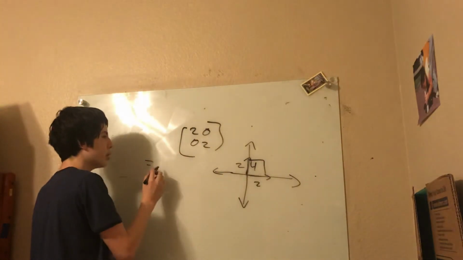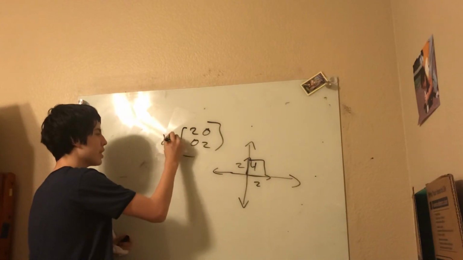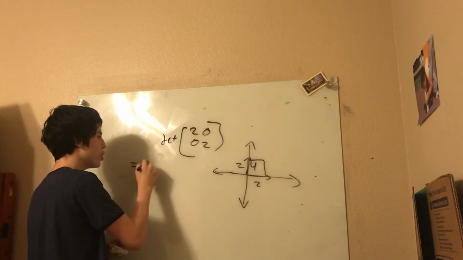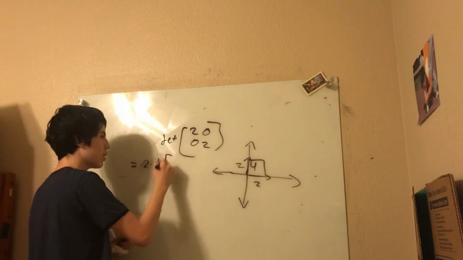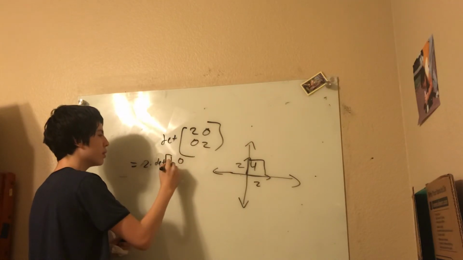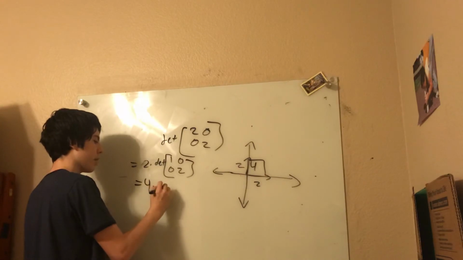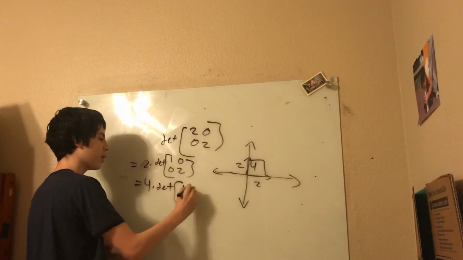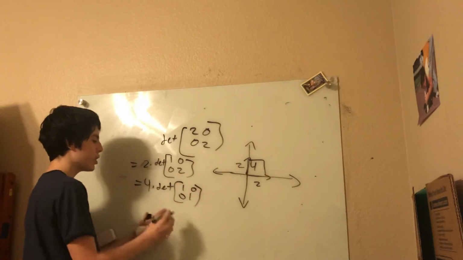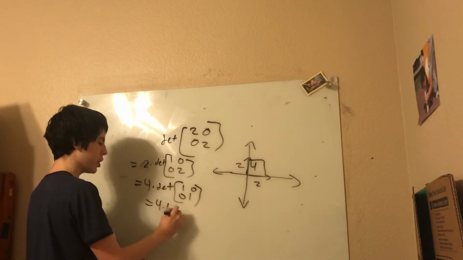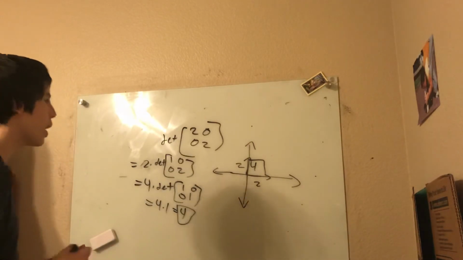So the determinant of this is equal to 2 times the determinant of 1, 0, 0, 2, which is equal to 4 times the determinant of 1, 0, 0, 1, which is equal to 4 times 1, which is equal to 4. So that's why that makes sense.